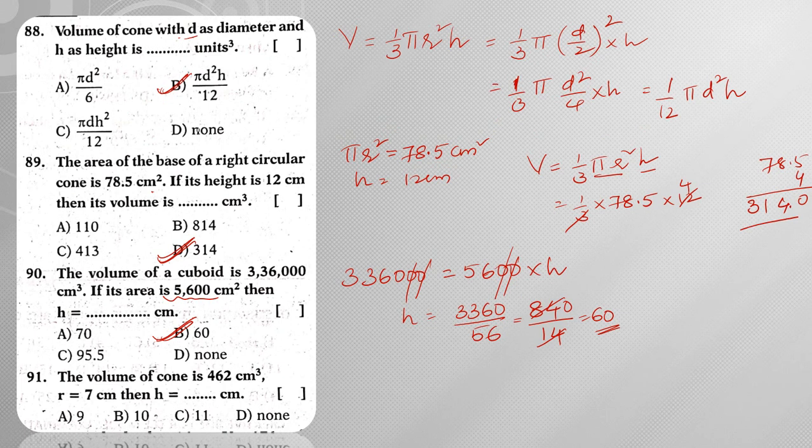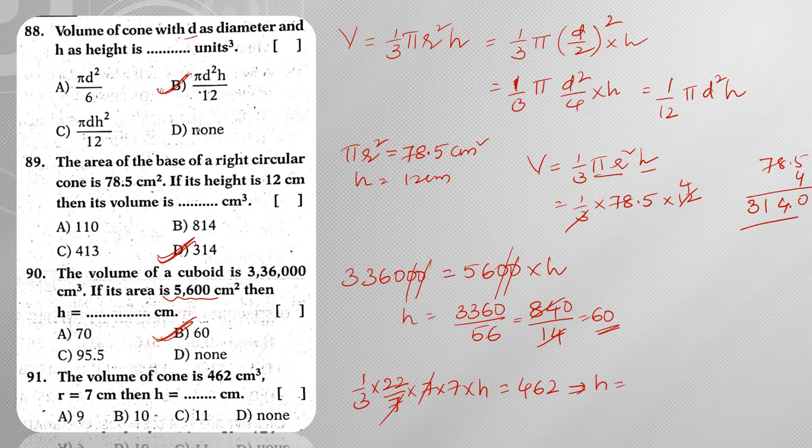Next the volume of cone is 462 centimeter cube, radius is 7, then height is equal to. Volume of cone is given by 1/3 pi r square h, so 1 by 3 into 22 by 7 into r square h. r square means 7 into 7 into h is equal to 462. So here 7 7 gets cancelled.